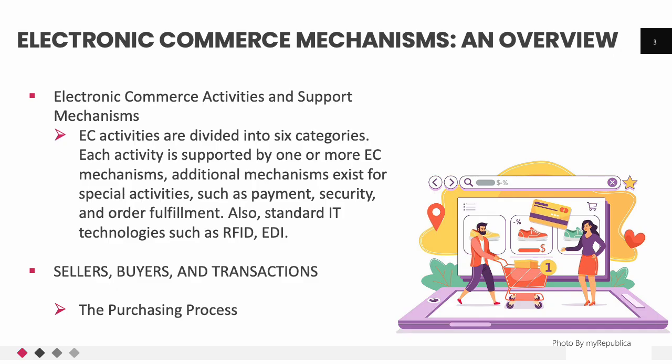And then the mechanisms are the tools like a mixer or the oven or the stove, something like that. And after that, the sellers and the buyers are the chef and the customer. And the purchasing process is how the customer orders and how they get their food. Okay, something like that.